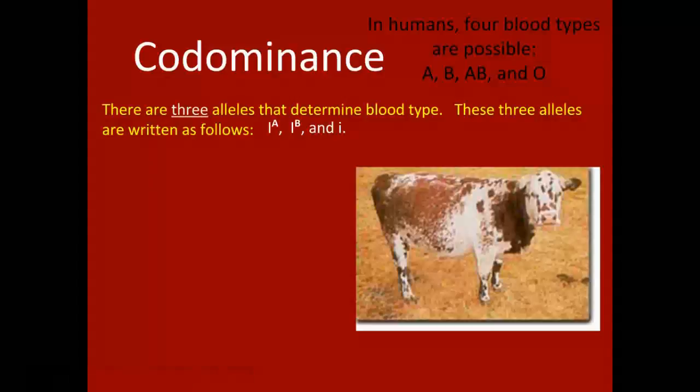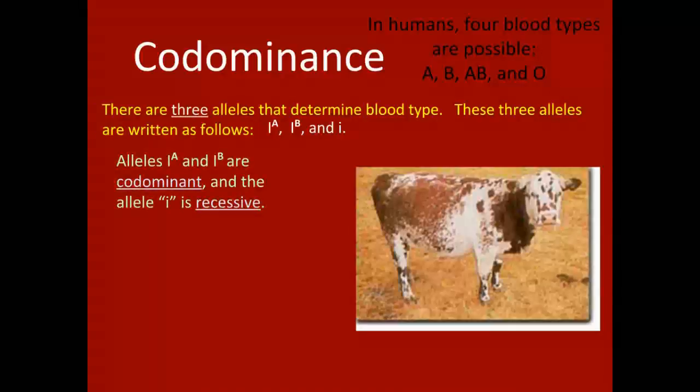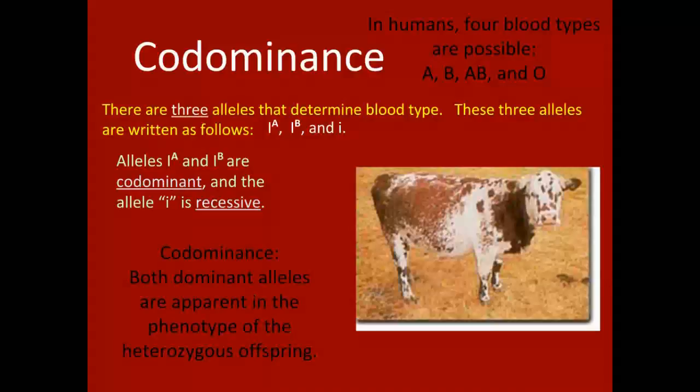So an I with an A above it, an I with a B above it, and then a lowercase i are the 3 alleles. So alleles I^A and I^B are co-dominant. Co means 2, and the allele little letter i is recessive. So both dominant alleles are apparent in the phenotype of the heterozygous offspring. And that's how we can end up with people that are AB blood.